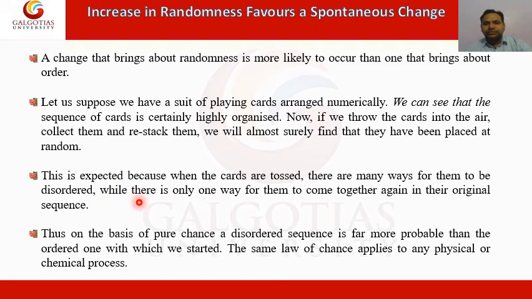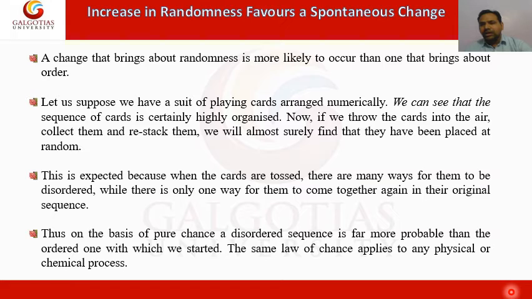This is expected because when the cards are tossed, there are many ways for them to be disordered, while there is only one way for them to come together again in their original sequence. Thus, on the basis of pure chance, a disordered sequence is far more probable than the ordered one with which we started.